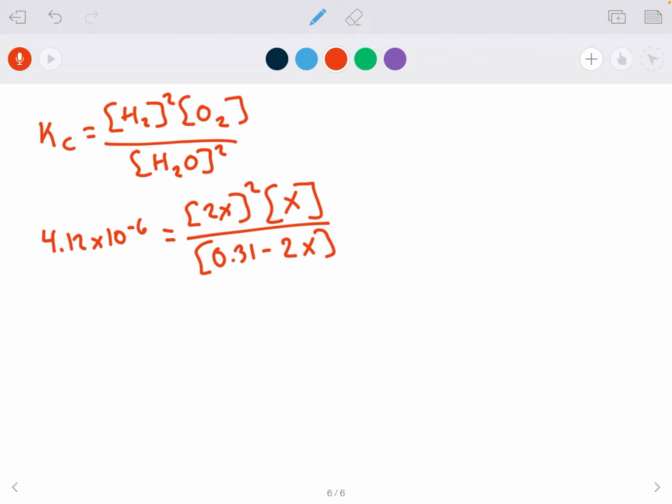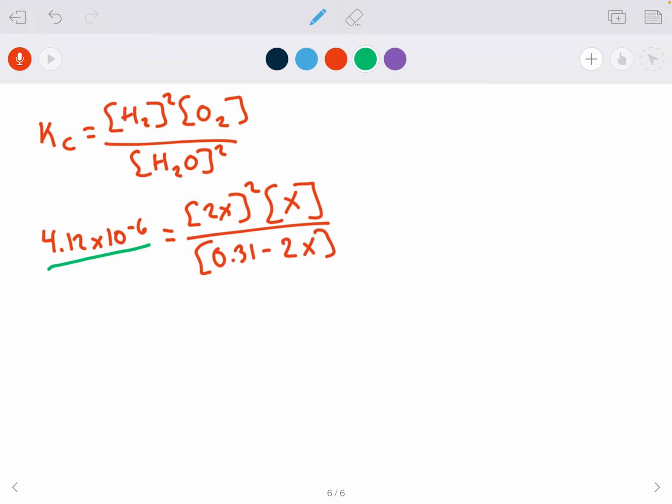This would be a difficult equation to solve because it would end up being a quadratic equation. However, if you notice the Kc value, it's very tiny, meaning that the 0.31 number here is much larger than the numbers on top.